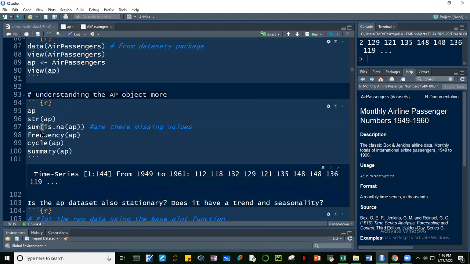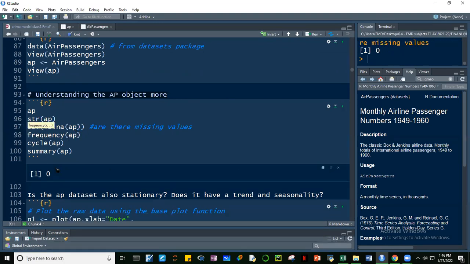Pero how do you check that? I-sum natin lahat ng NA. Ibig sabihin may missing data. So let's sum it. 0. Okay, ano ibig sabihin yan guys?